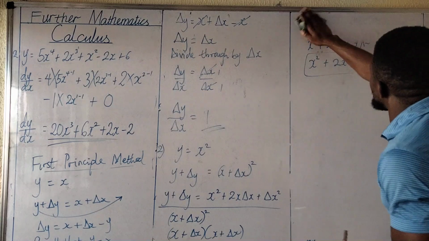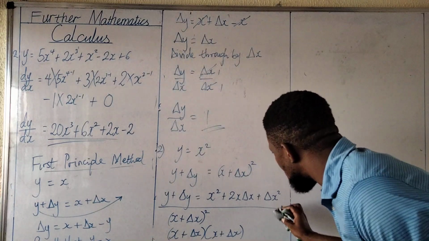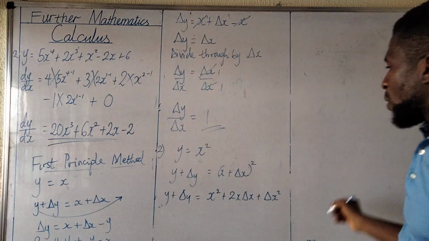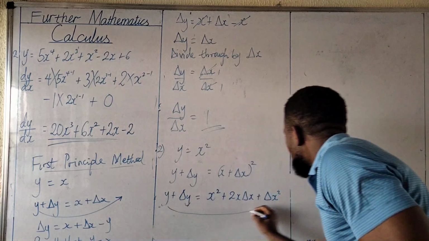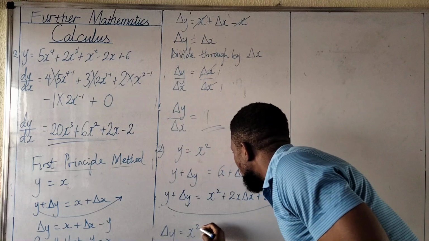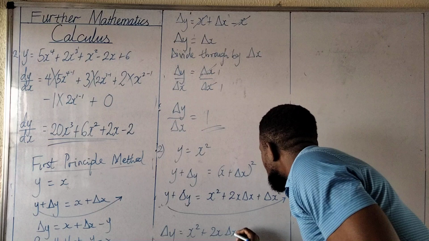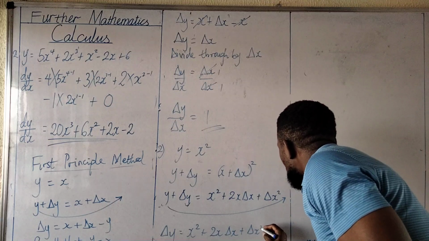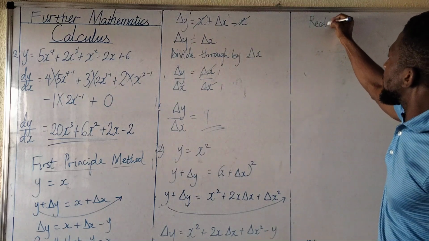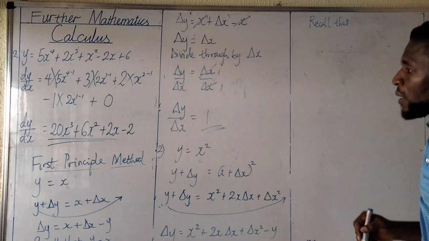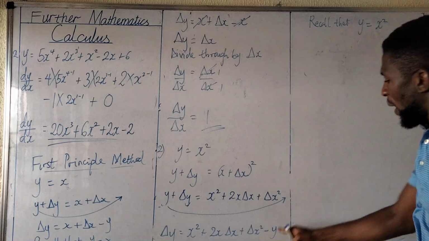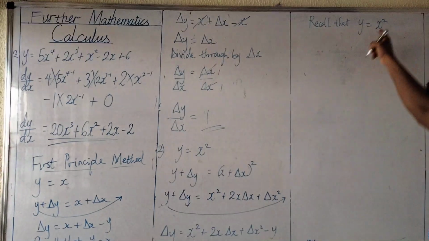Having ascertained how this came about, we continue with our solving using the first principle method. Next is to transpose this y over here. We have change in y equals x squared plus 2x change in x plus change in x squared minus y. Recall that y is equal to x squared, so I replace this y with x squared.